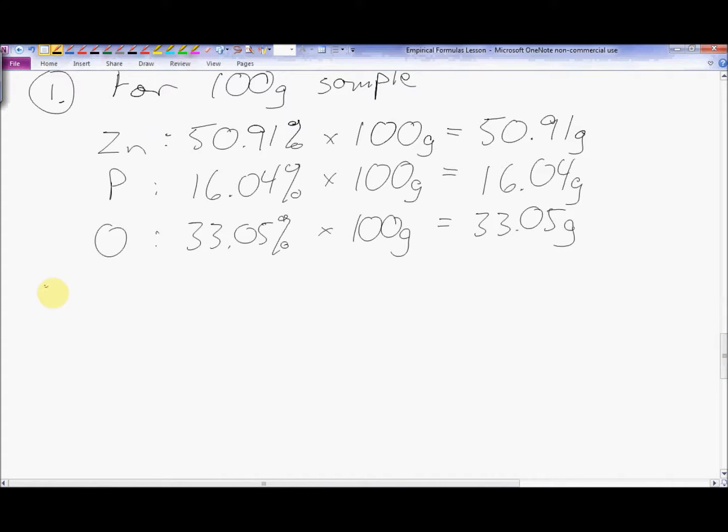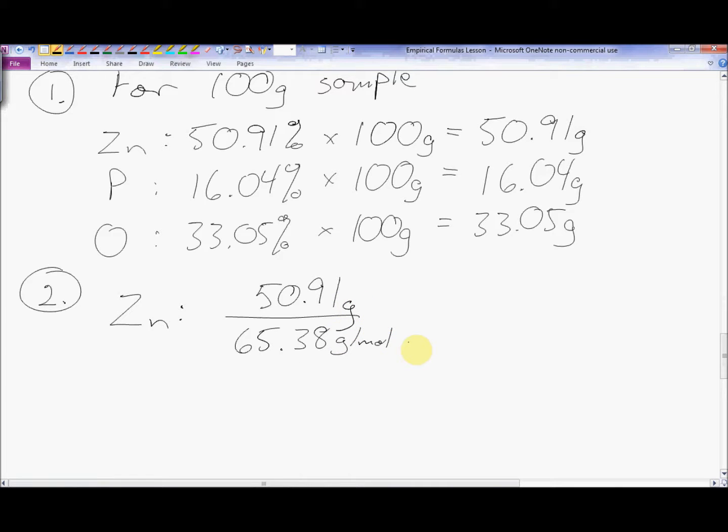We take zinc, and for zinc, we discovered that we've got 50.91 grams of it in that 100 gram sample. We will divide by the molar mass of zinc, and if I look it up in the periodic table, I'll find that zinc has a molar mass of 65.38 grams per mole. The unit up here was grams.